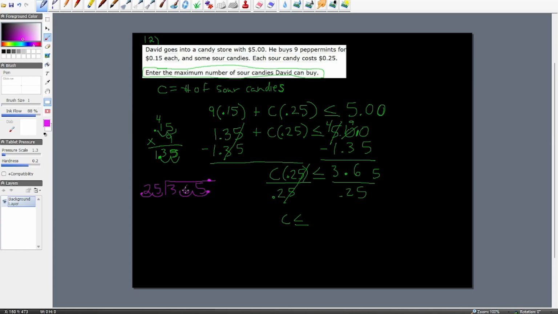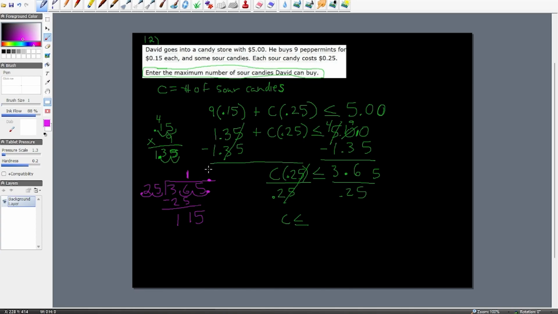25 goes into 36 one time. 1 times 25 is 25. 6 minus 5 is 1. 3 minus 2 is 1. Bring down this 5. 25 goes into 115. Well, I can count by 25s. 25, 50, 75, 100. 125 would be too much.